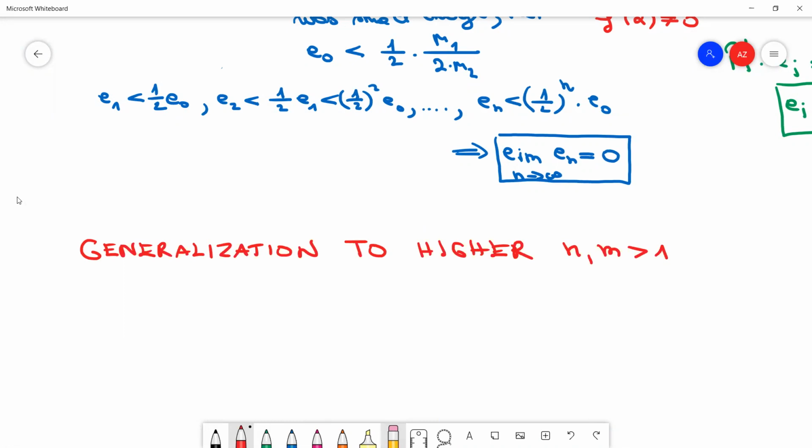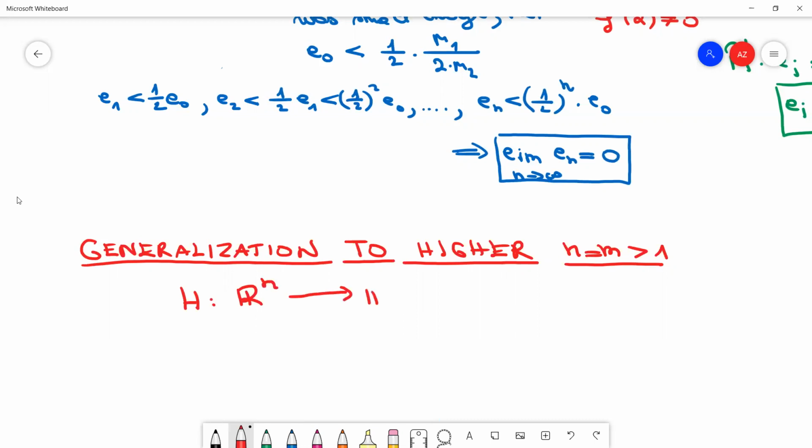But we still want that n and m are the same. So now we have our h, a vector function of a vector variable, and it maps n-tuples into n-tuples, and we would like to find its zeros.